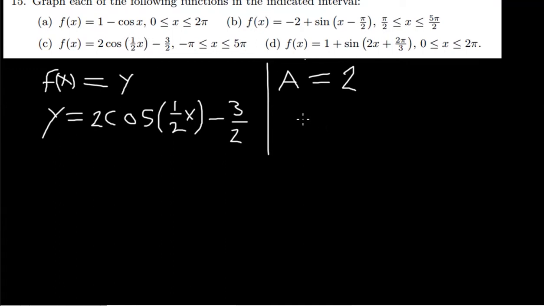And then to find the domain, you take the angle that has been given and equate it to 0. So my angle, 1 over 2 x, is equal to 0. So my value of x is equal to 0. This is the point where my curve is going to start from.